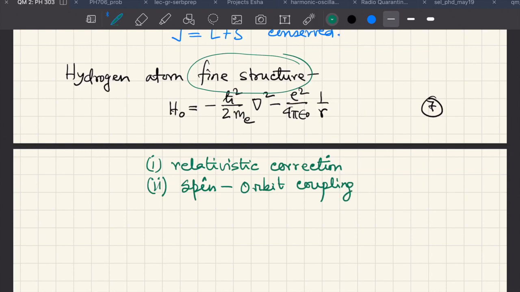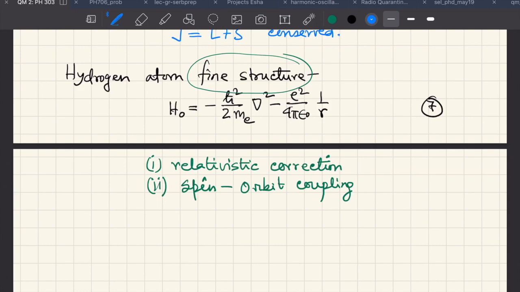Now, compared to the Bohr energies, which we have just discussed at the very beginning of this lecture, fine structure is a tiny perturbation. It's always smaller by a factor of alpha squared. Alpha, remember, was 1 by 137, the fine structure constant.